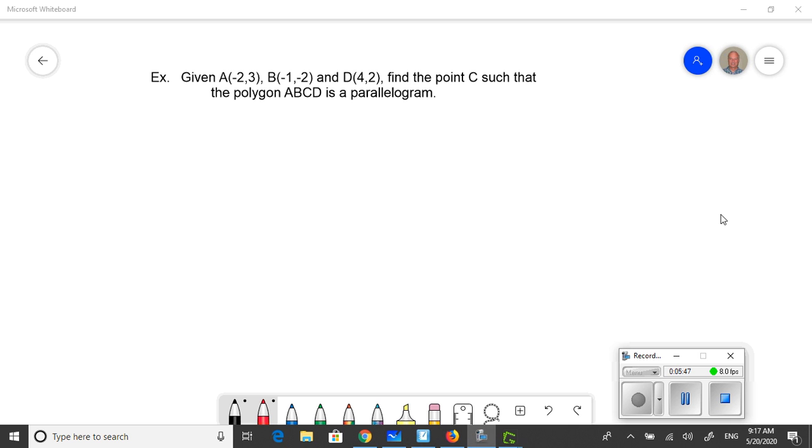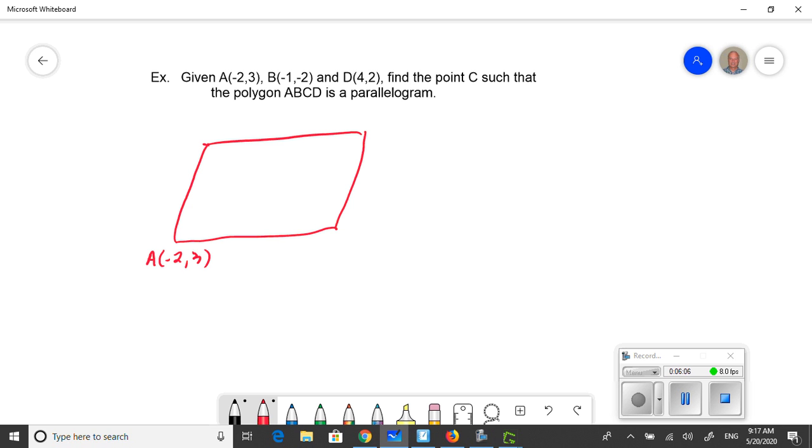Another common application question is the following. Given 3 points that make up a parallelogram, I've got to find the other point such that it does make a parallelogram. So I'm just going to do a quick sketch here. I'm going to go A, that's negative 2, 3. I'll go across here to B. It really doesn't matter as long as we're consistent.